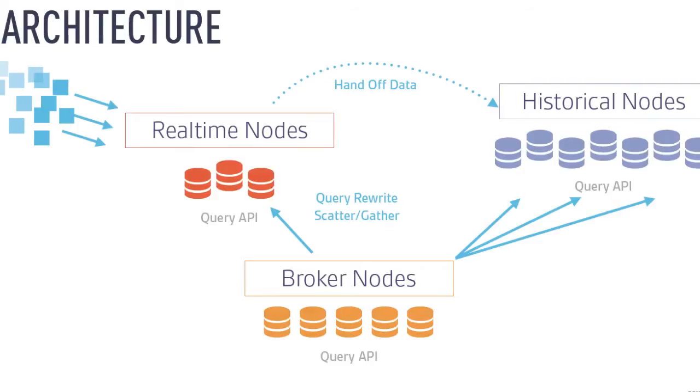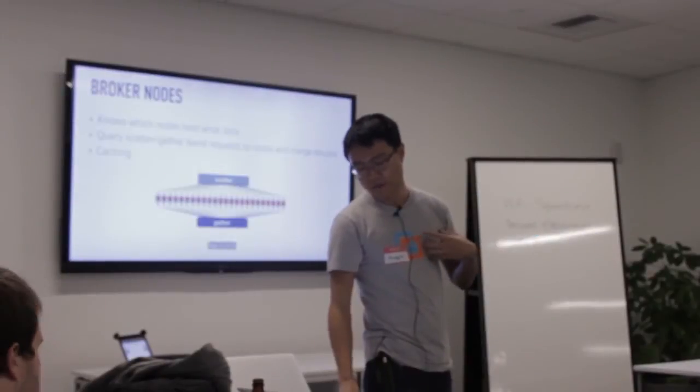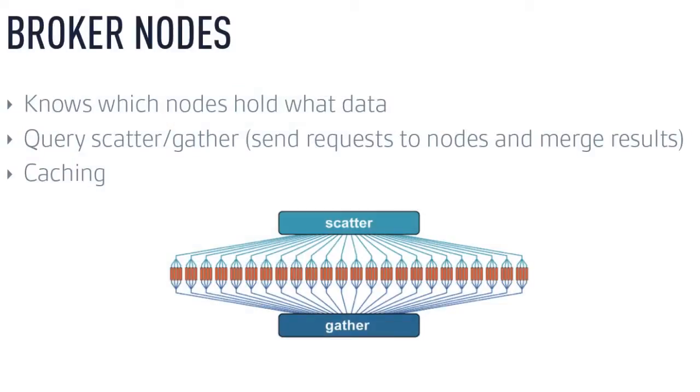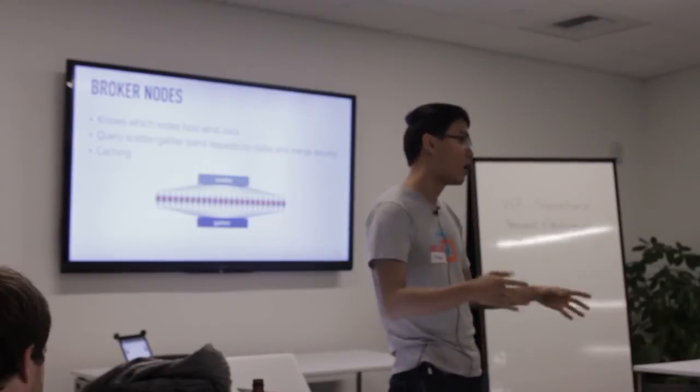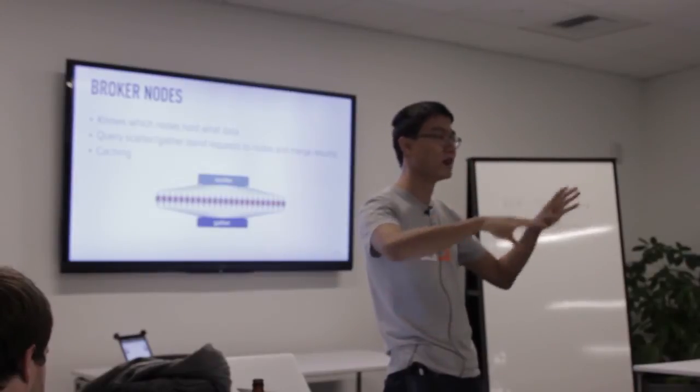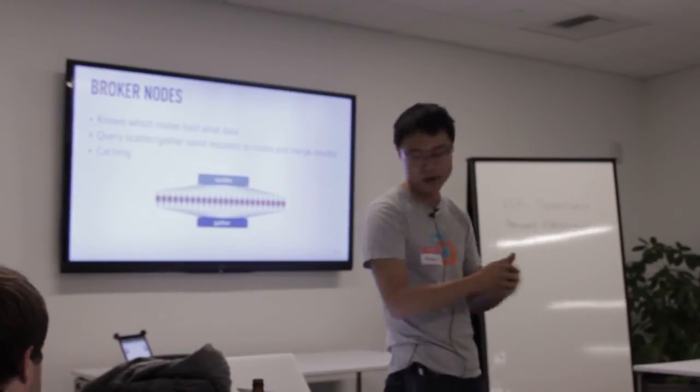In front of real-time and historical nodes, we have broker nodes. Broker nodes encapsulate the functionality of knowing what data lives on what pieces of the cluster. Queries go through broker nodes, and broker nodes figure out which real-time nodes or historical nodes hold pieces of data that correlate to that query.